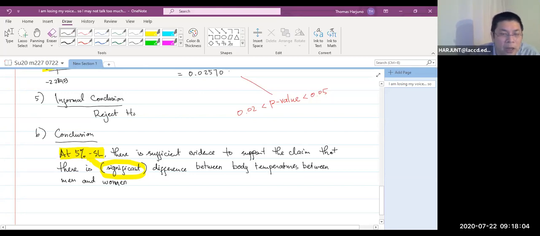See how they play that word significant and very significant? Instead of saying at 5% it's significant, at 2% not significant, that's not how they word it. So the word significant becomes a coded word for 5%, and very significant becomes a coded phrase for 0.02.